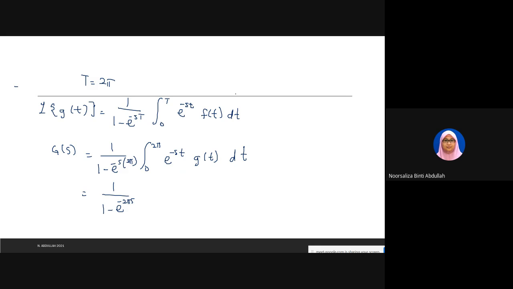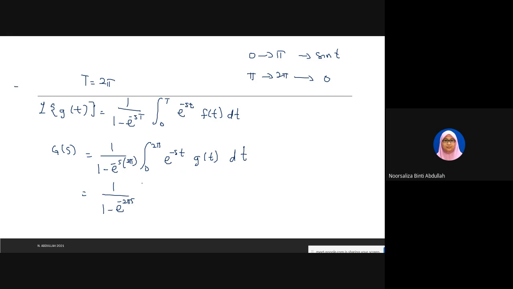Okay, GT kita ada dua kan? From 0 to pi and from pi to 2 pi. From 0 to pi GT is equals to sin T, and from pi to 2 pi equals to 0.